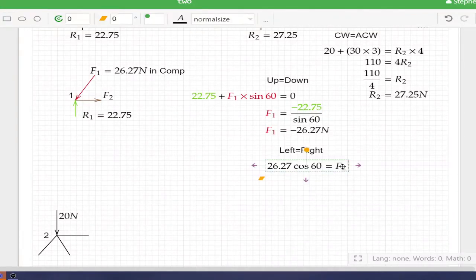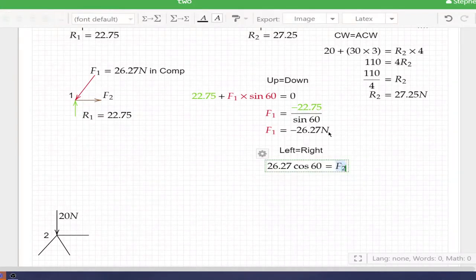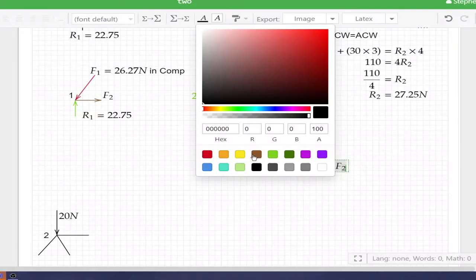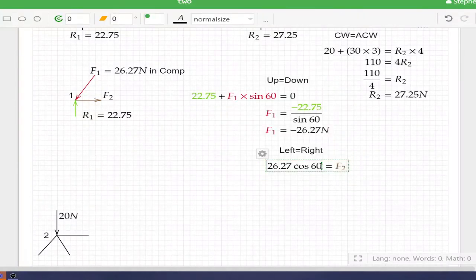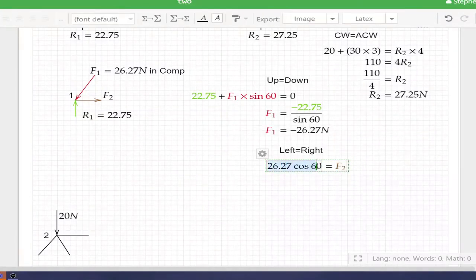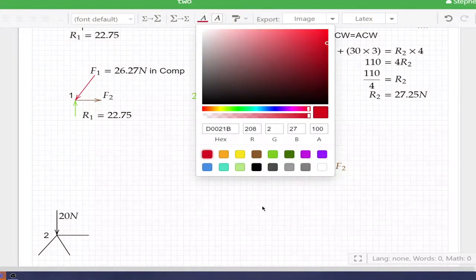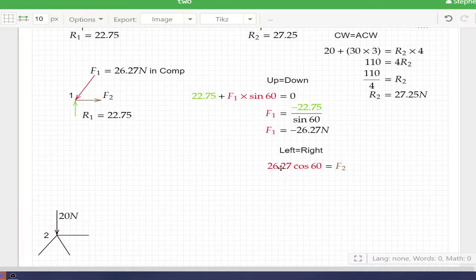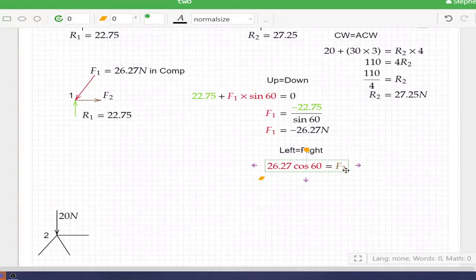We'll just highlight those and color coordinate them for your edification. Let's get the 2 in there, and that's red, isn't it? Yes. So we've got our F1 and our horizontal component of F1 here in red, and then on the other side we've got F2 in brown.